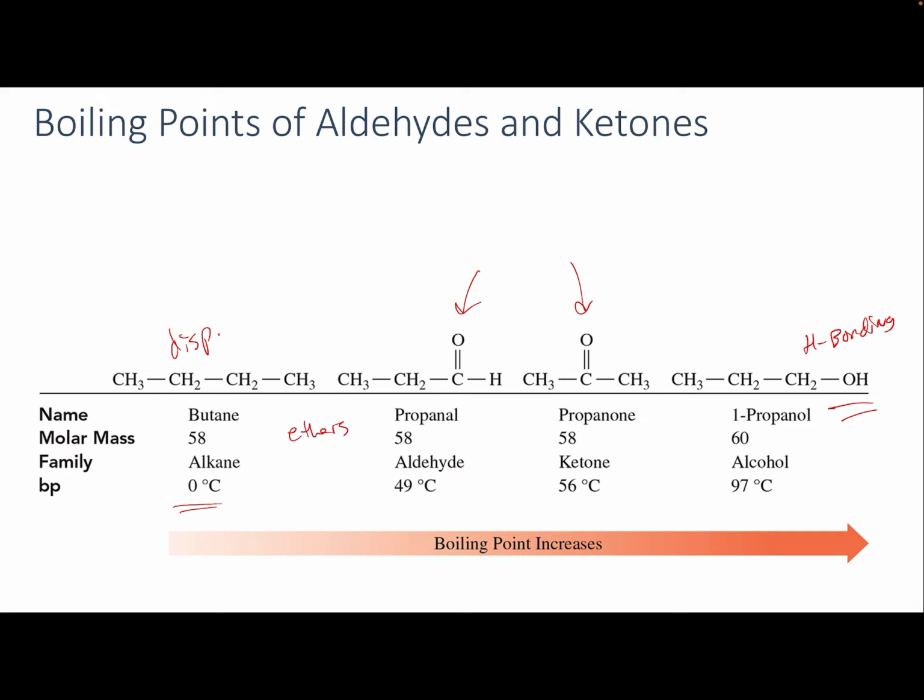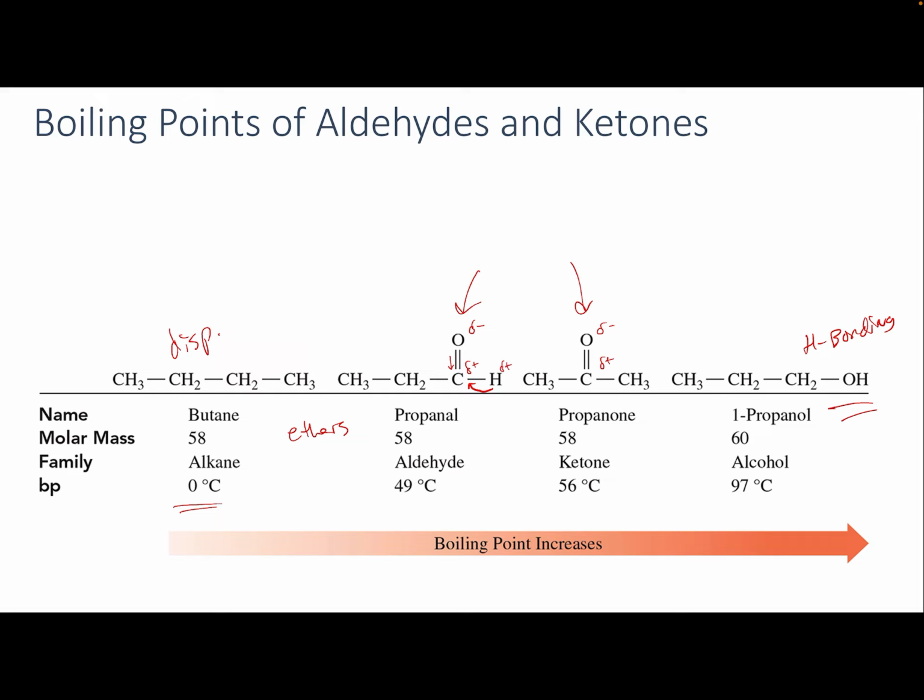Now, the ketones are actually more polar than the aldehydes, and the reason for that is because as the negative oxygen here starts to pull electrons, the carbon starts to become positive, and then the carbon is also more electronegative than hydrogen. So in the aldehyde, some of hydrogen's electrons actually go towards the carbon, and so carbon is slightly less positive, and hydrogen is slightly more positive over here.